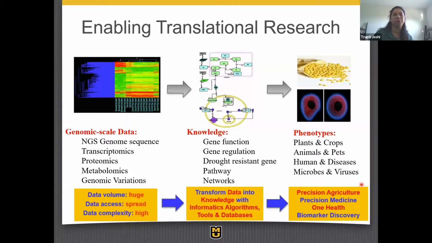Given my background, we work on everything from precision agriculture, precision medicine, One Health, where we're trying to also bring links between the animal and clinical side on the biomedicine, and then pretty much apply a lot of these to biomarker discoveries, or even, for that matter, studying viruses, through SARS-2, COVID, for example.